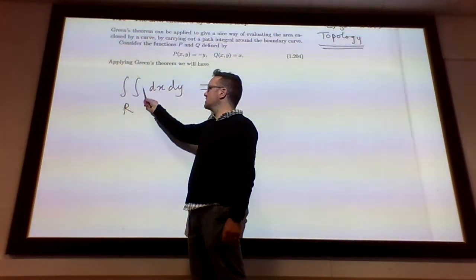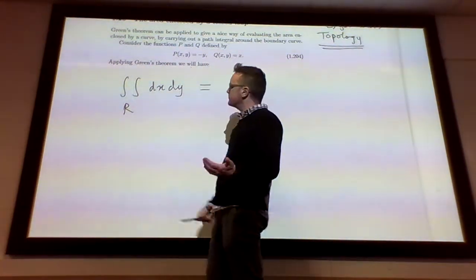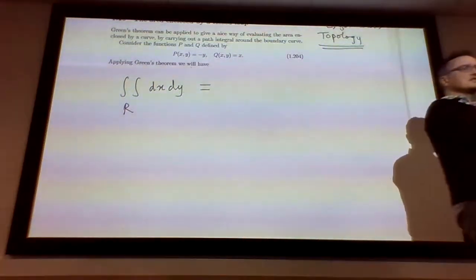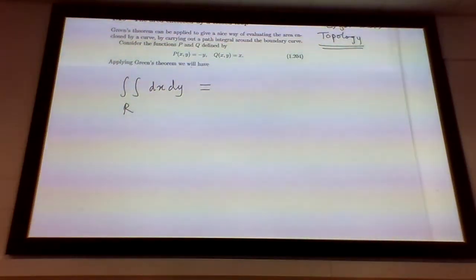But here, if we're just integrating a function with constant value 1, that means the surface we're talking about is the surface with constant height 1. So it's just an infinite horizontal sheet, one unit up off the ground.